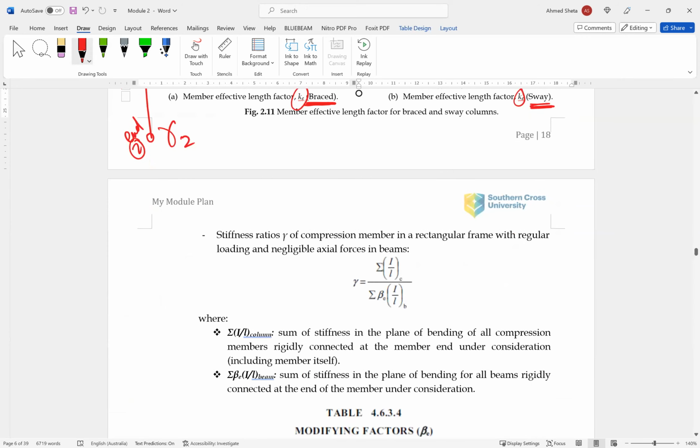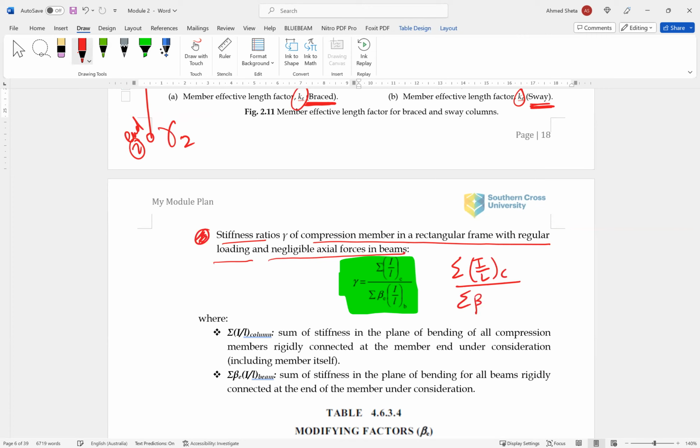So how can we get gamma? Gamma is the stiffness ratio of compression members in a rectangular frame with regular loading and negligible axial force. Gamma is equal to the summation of I over L for all columns, divided by the summation of beta E I over L for beams.